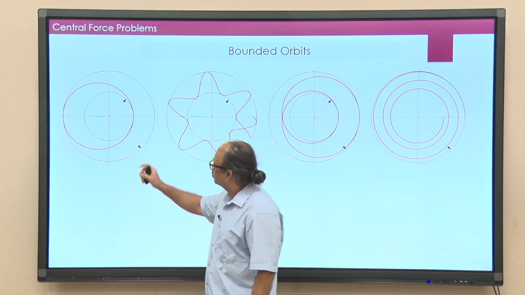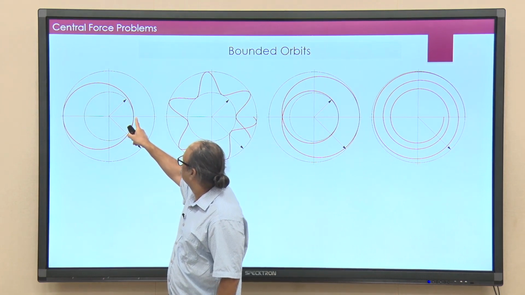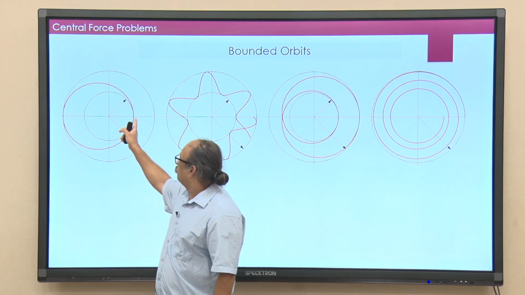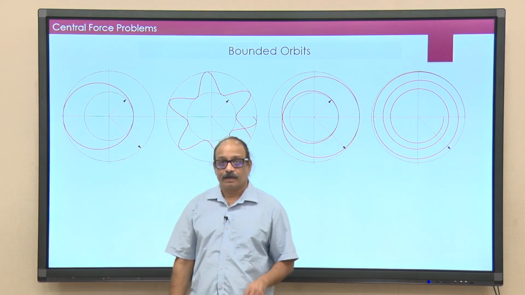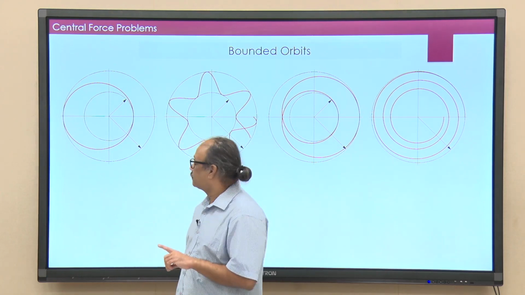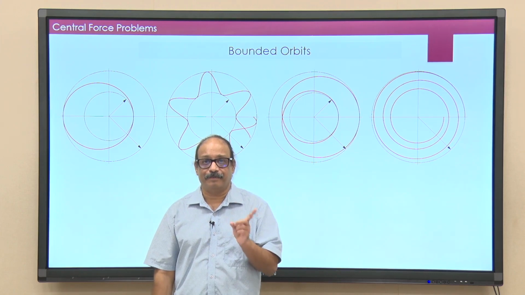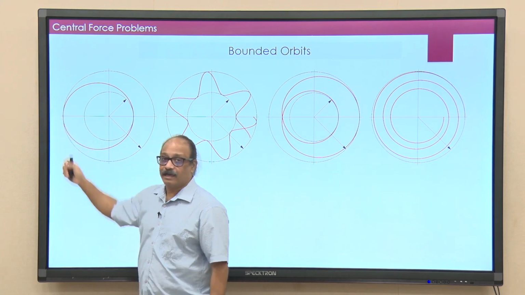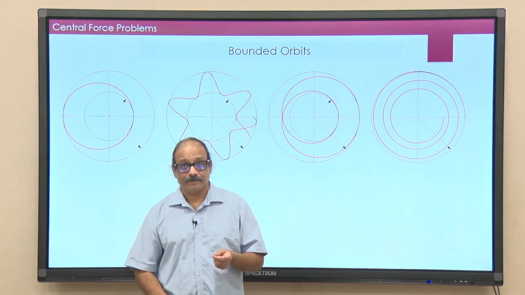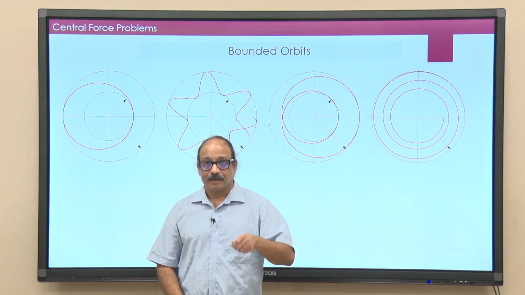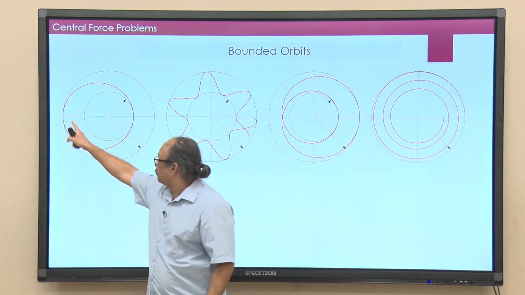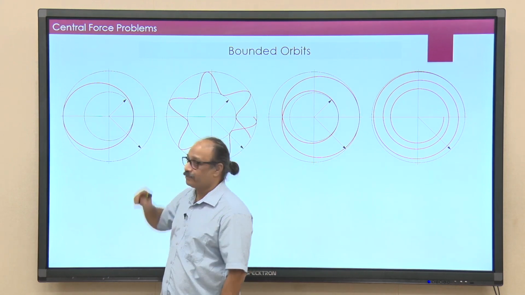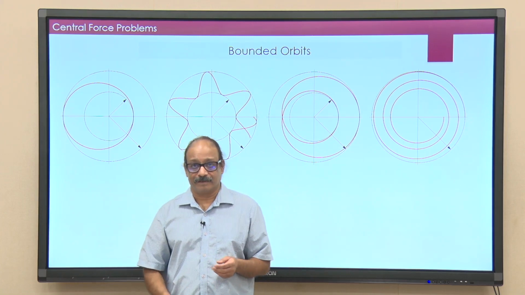The motion has started at r1, when the distance from the origin was minimum, and as it goes towards r2, the angle theta has changed by exactly pi. So, on the x axis it also attains the maximum distance, and then from that point onwards, after another pi rotation, it has come back to r1. That is how you actually get closed orbits.